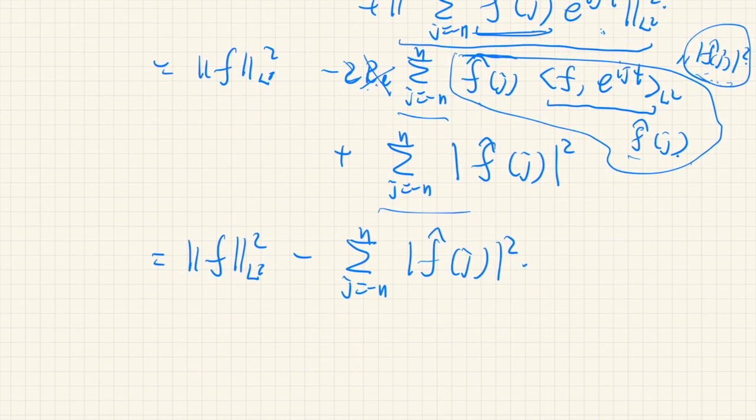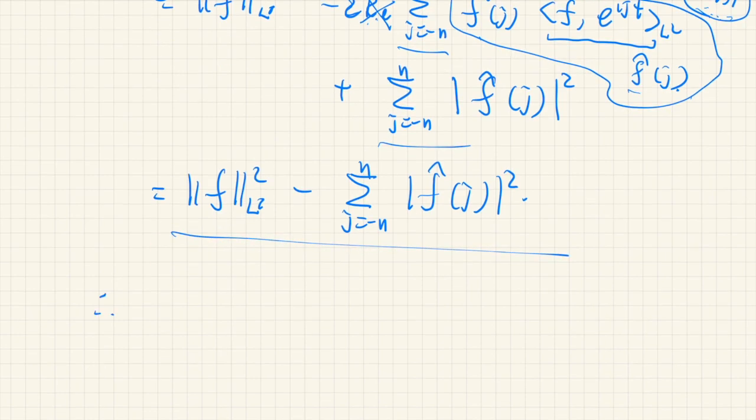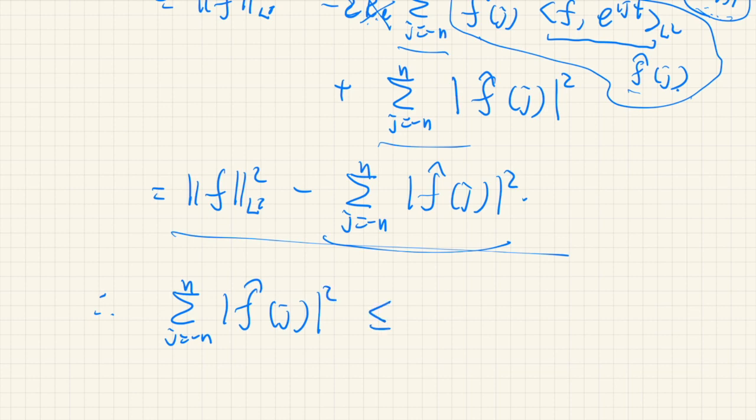So this whole thing is greater than or equal to 0. That means the sum of the squares of the absolute values of f hat is less than or equal to the norm of f squared.